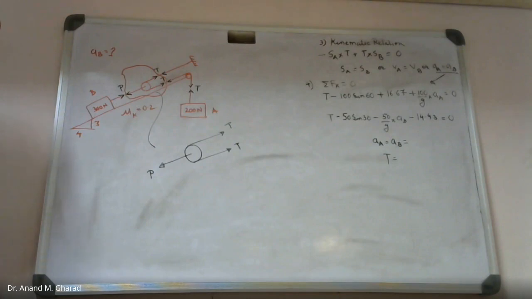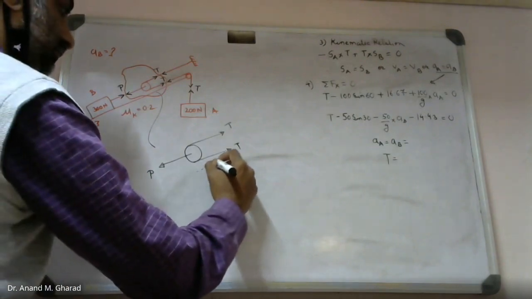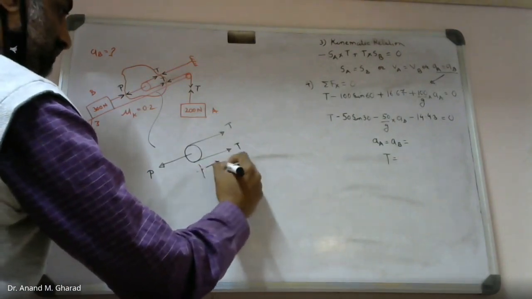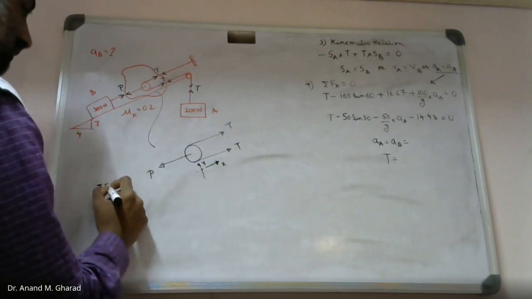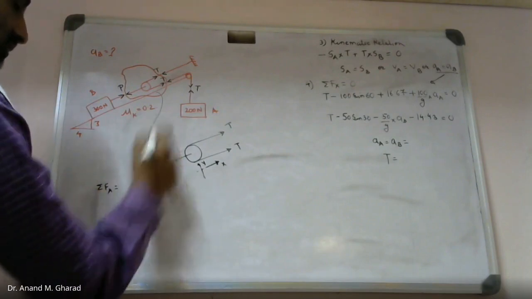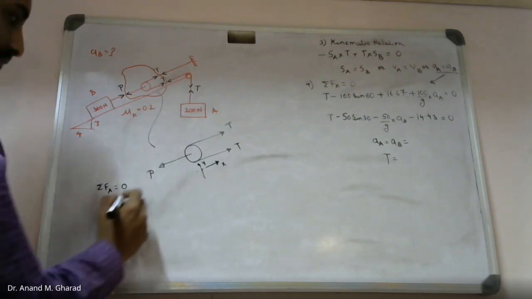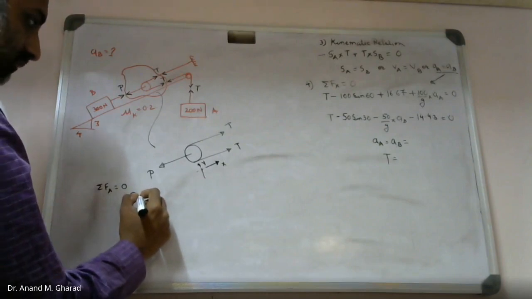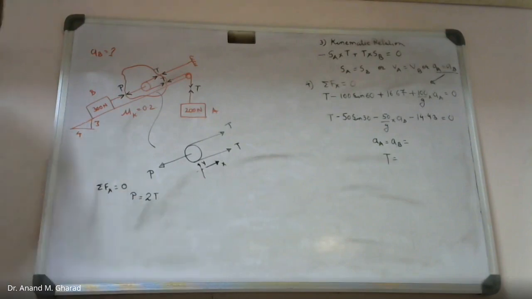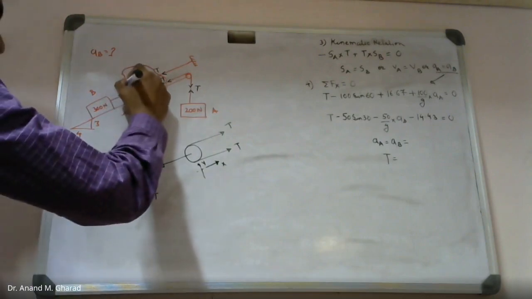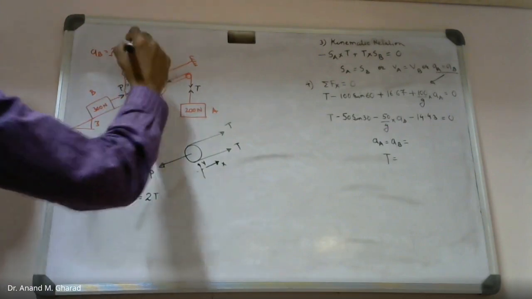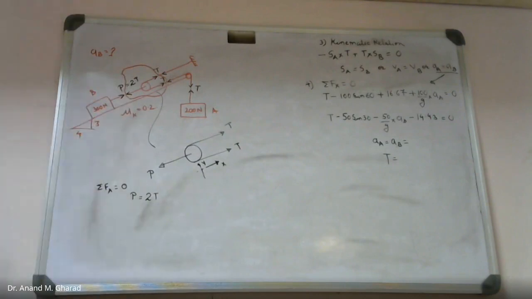Yes, you can consider this. Yes, this is X and this is Y, let's say. So summation of forces in X direction, since it is an equilibrium, equal to 0. So P will be equal to 2 times T, correct? Therefore, you will see that for this case, this is 2 times T.